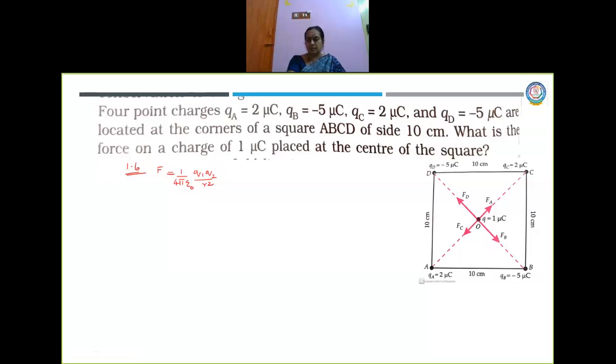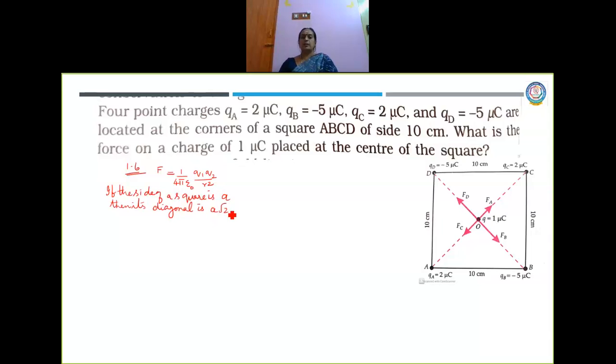A simple formula, children. Now the diagram is a square, right? In a square, see, if the side of a square is A, then its diagonal is A root 2.